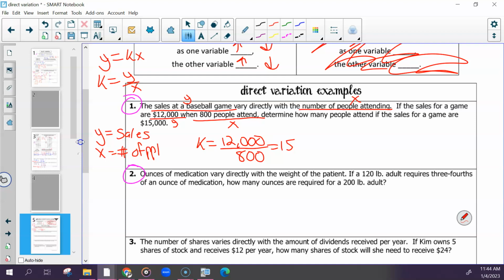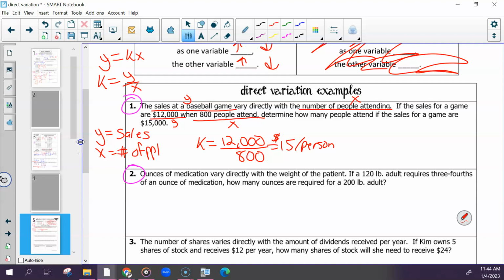So 15 would represent dollars per person. This is not a necessary step, but so you understand what this K value is doing here, not an inverse.